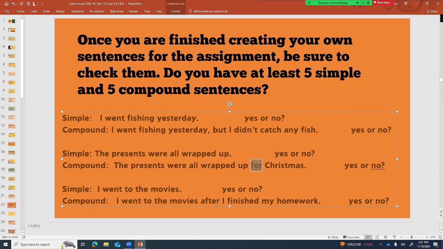So it's a subordinating conjunction, but it won't make a compound sentence because I can only use those 7 conjunctions to make compound sentences. So this one actually is also a no. It sounds like it's a compound, but when you look at the conjunction after, that isn't one of the conjunctions we're allowed to use to join 2 sentences together.